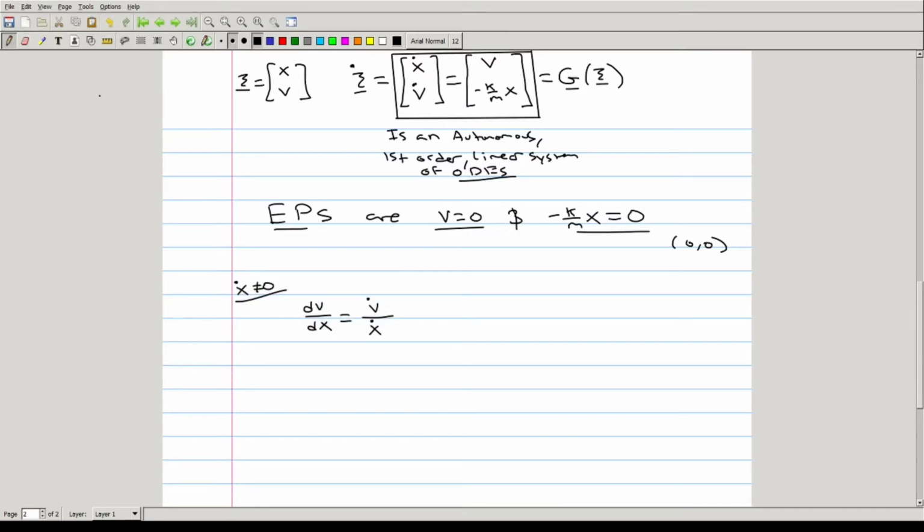So this is solving for the shape of solutions in the phase plane.